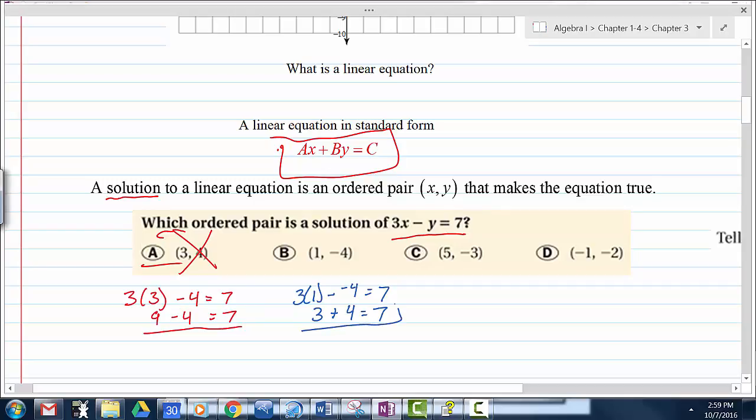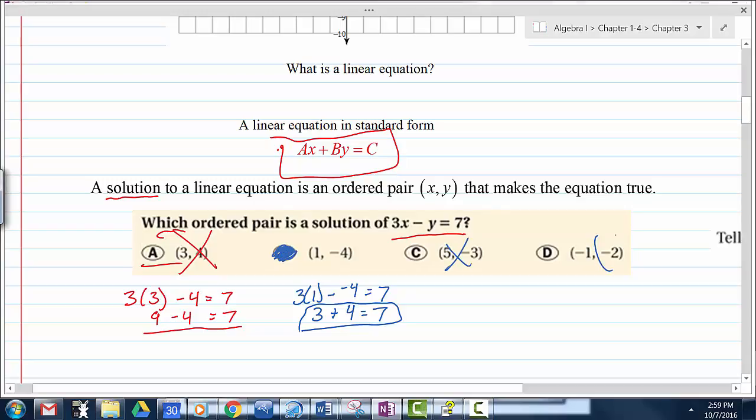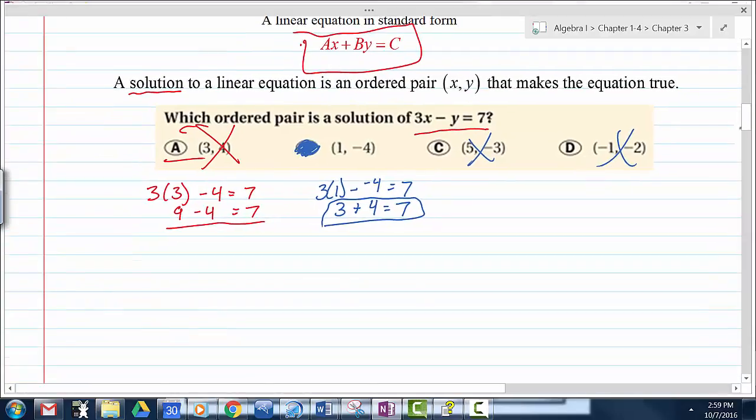This is a true statement right here. So because of that, we found what we needed to. We know that this is a solution to it. But we know that A isn't, and probably C is not. Neither is D. So really all a solution is just a point, a value of x and y that make my linear equation true.